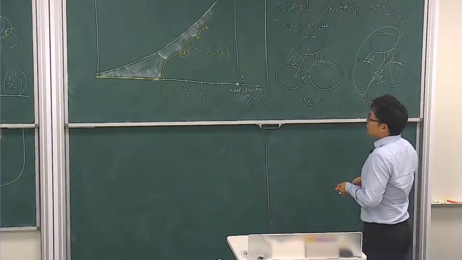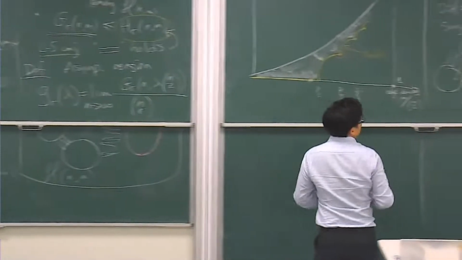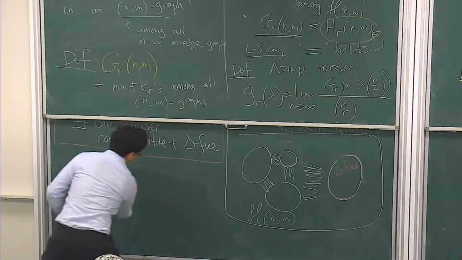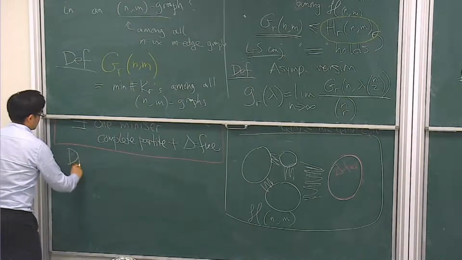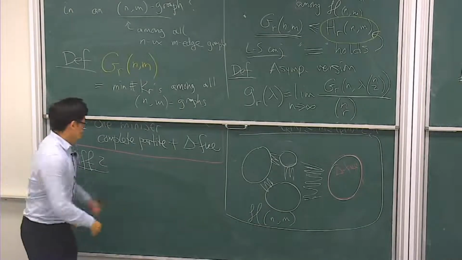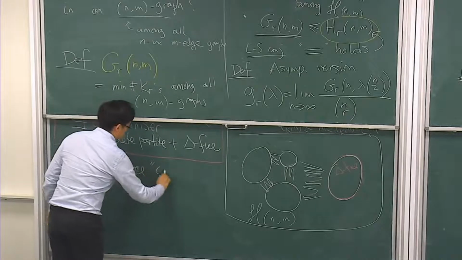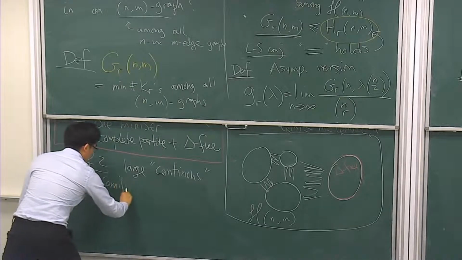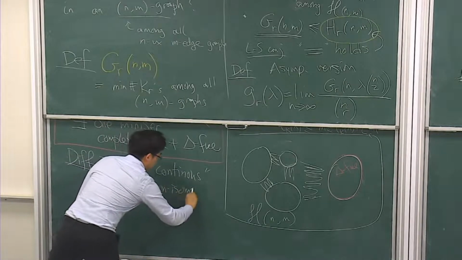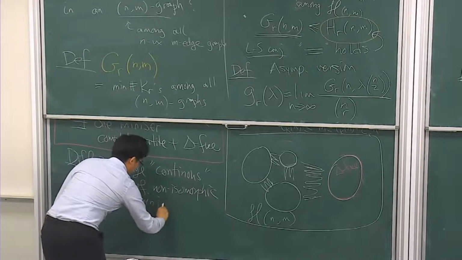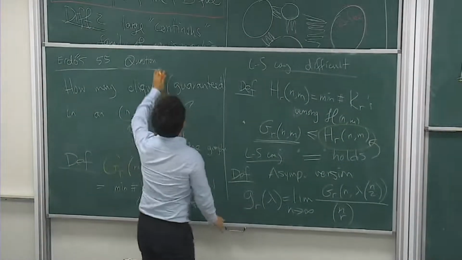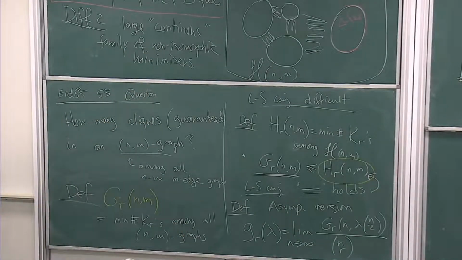And of course, difficulty number 2 comes from what I described earlier, and can be seen through this large continuous family of non-isomorphic minimizers.